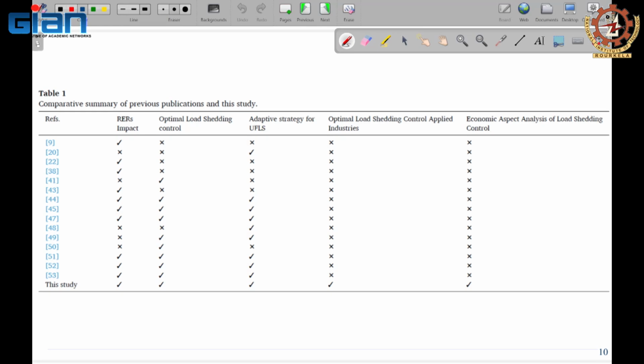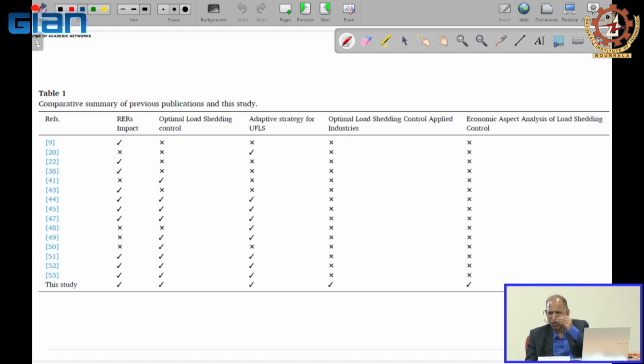So here basically, I will share this paper with you. If you feel interested, you can go into more detail. In the literature, when we have this kind of optimal operation, different research papers are numbered here according to what factors they considered.